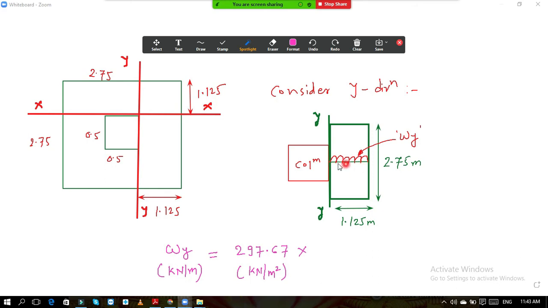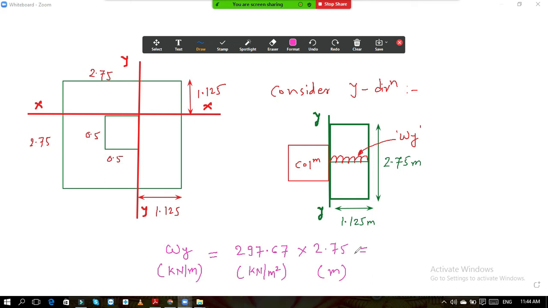We want UDL along x, so we need to multiply by the y distance. The y distance is 2.75. Since we want UDL along this, we leave out the length parallel to it and multiply by the remaining length. So what is the remaining length? It is 2.75, in meter. So if you multiply this, you will get the UDL.